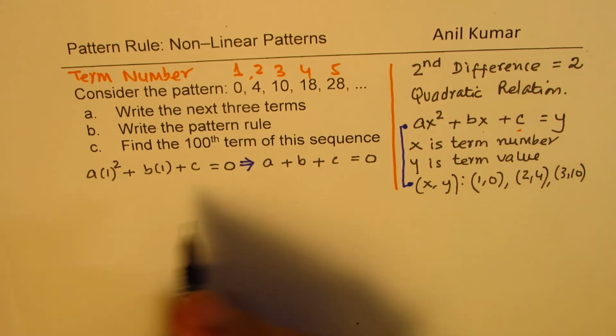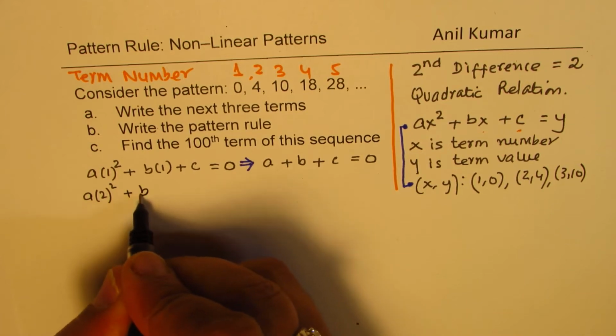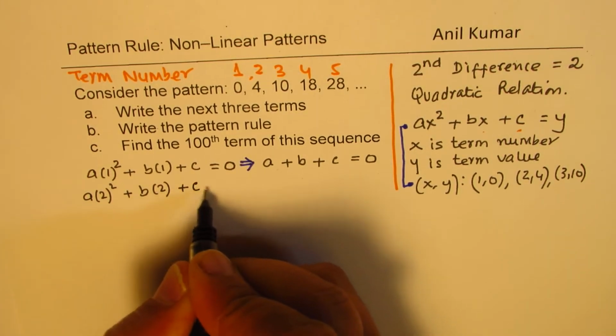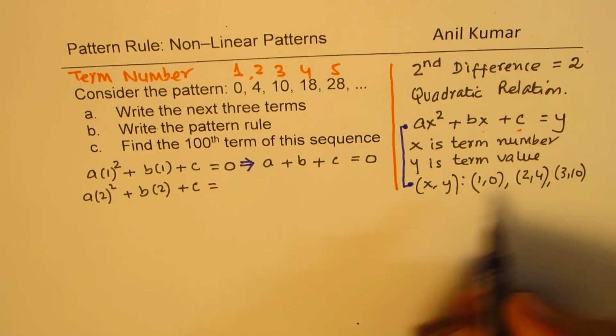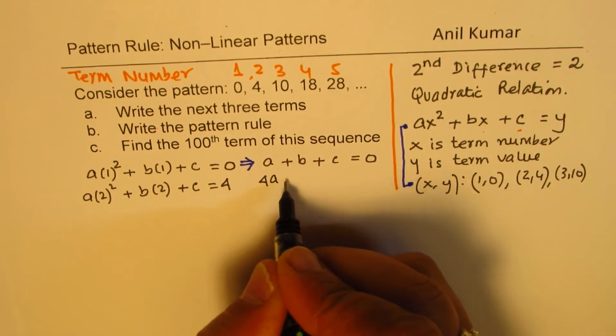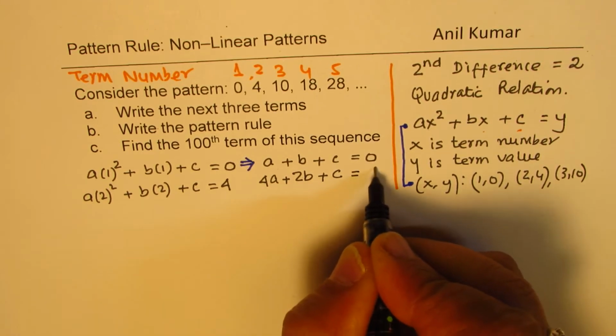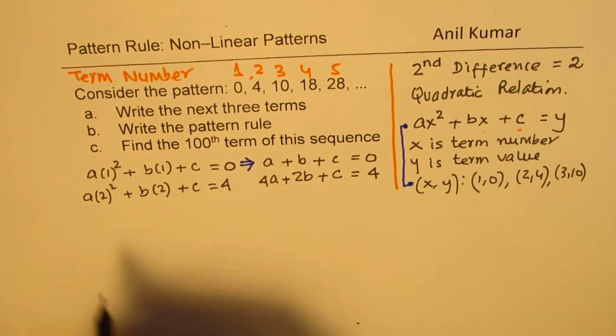Similarly, if I substitute 2 here, we get a times 2 whole square plus b times 2 plus c, and that should be equal to 4. So that is 4a plus 2b plus c equals 4. The third point is 3, 10.